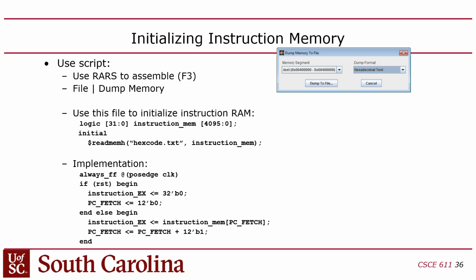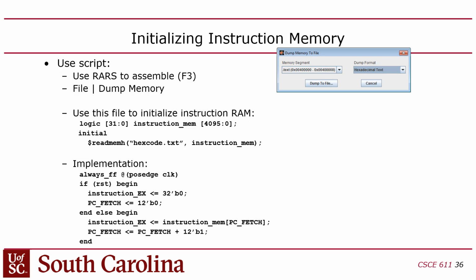You hit OK, and it'll ask you to give a file name. It doesn't matter what you call it. Some people call it program.rom or hexcode.txt. Doesn't matter. Just put it in a file, and then use that same file when you initialize your instruction memory here. Just make sure you dump it to your project directory.